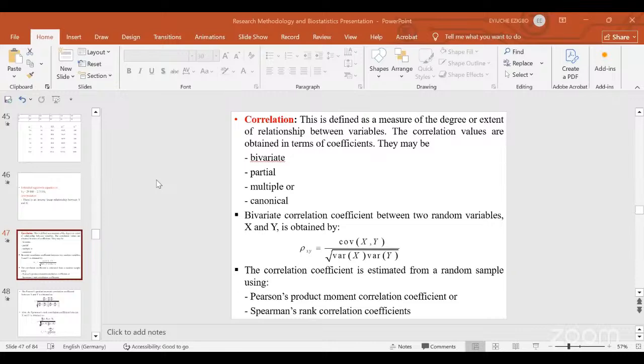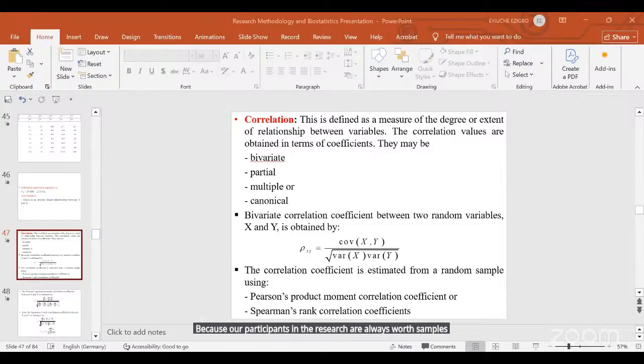Now, let me say the last thing on the correlation. And what is that last thing? The correlation values that we normally report are correlation values that are obtained from a sample. We know that because our participants in the research are always what? Samples.